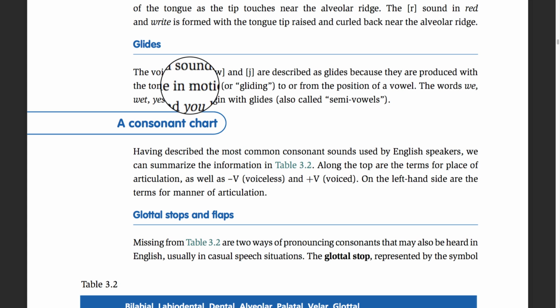For example, w and y. The words we, wet, yes, and you begin with glides, also called semi-vowels.